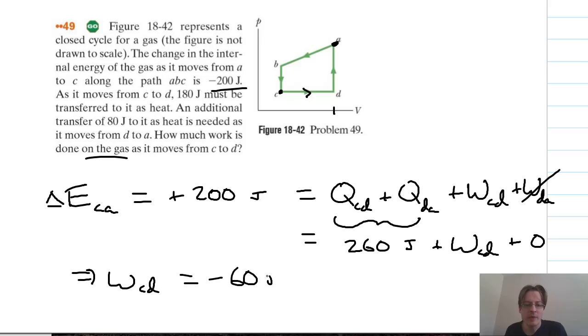So able to figure it out in that indirect way by looking at the heats and the work. That's the work input to the engine, to the gas, right? Negative, meaning the gas actually gives out 60 joules. The question that's asked is how much work is done on the gas as it moves from C to D, and that is negative 60. It's actually the gas is giving out 60 joules.